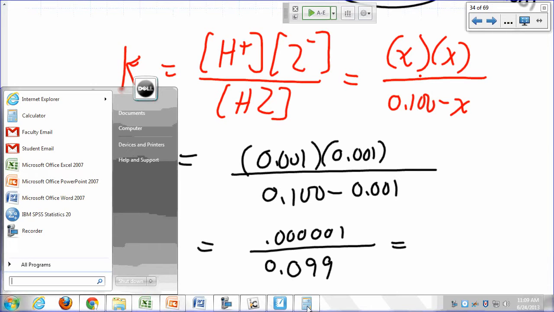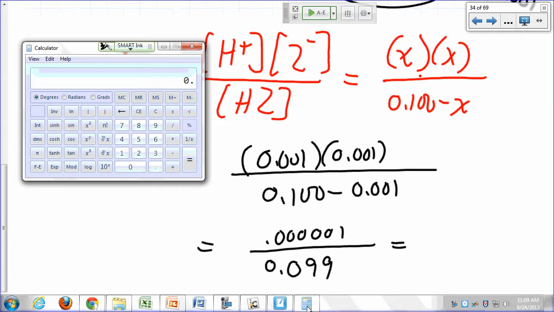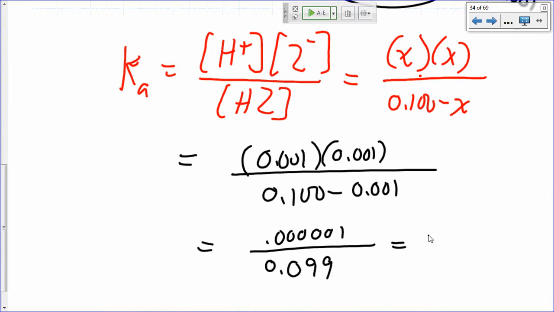That gives me how much? 0.001 times 0.001 divided by 0.099. This is 1.01 times 10 to the negative 5th. How many sig figs should I have here? Didn't give you much. I have one sig fig here, so it's just 1 times 10 to the negative 5th. Okay?